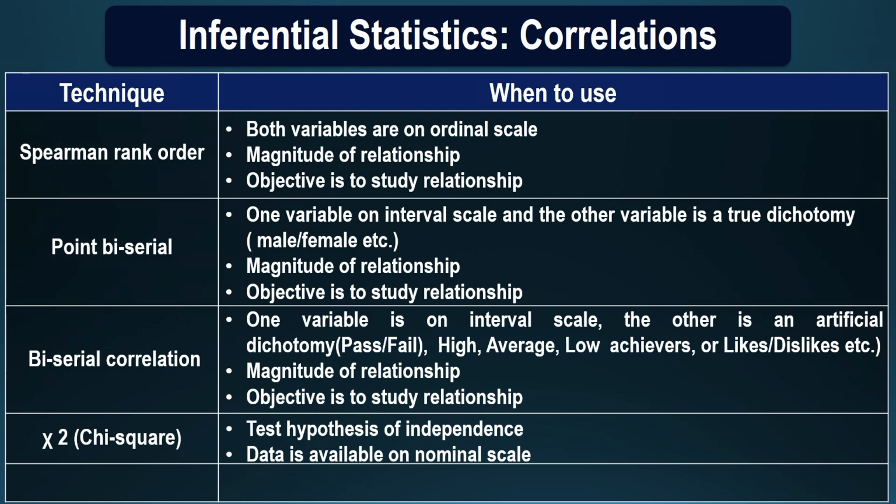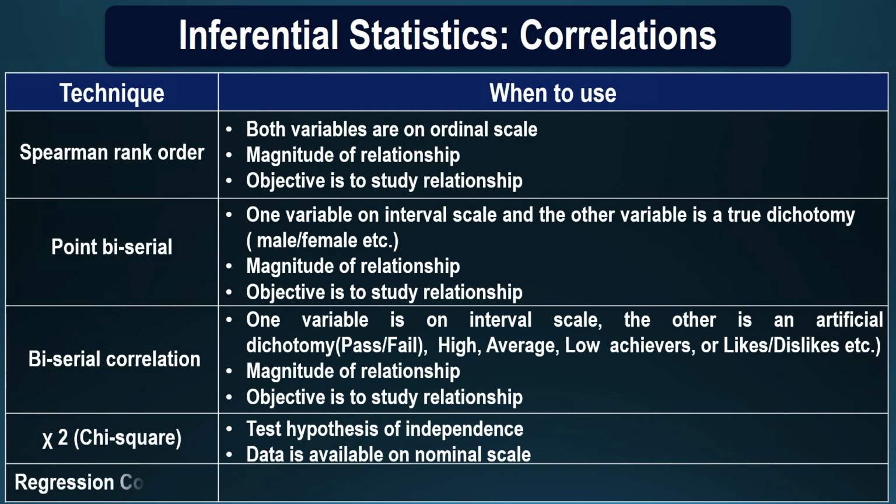Thus, data is on a nominal scale where you have the left-handers and the right-handers, and you try to find out how many people have shown high performance who are with left hand and who are the right-handers, and so on.